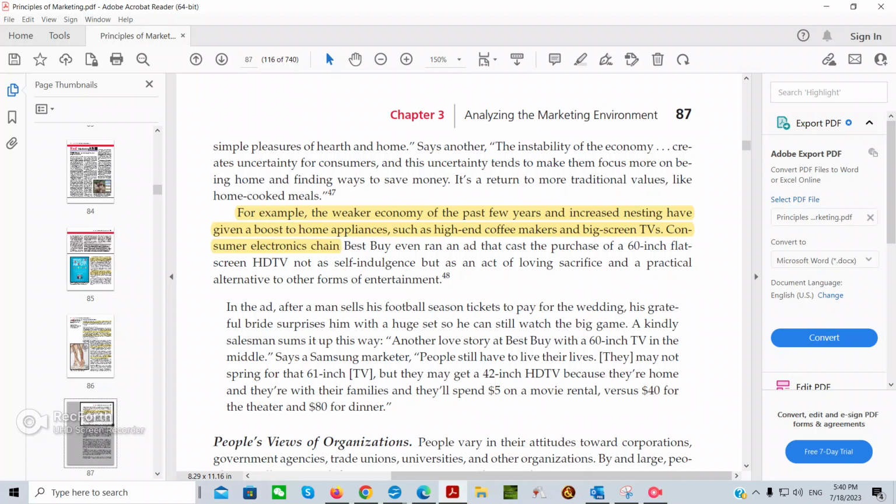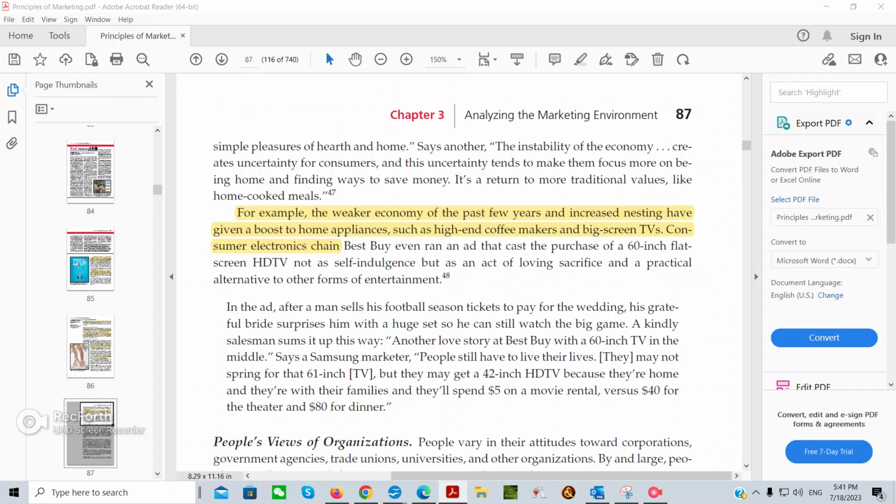Best Buy even ran an ad that cast the purchase of a 60-inch flat-screen HD TV not as a self-indulgence, but as an act of loving sacrifice and a practical alternative to other forms of entertainment. In the ad, after a man sells his football season tickets to pay for the wedding, his grateful bride surprises him with a huge set so he can still watch the big game.